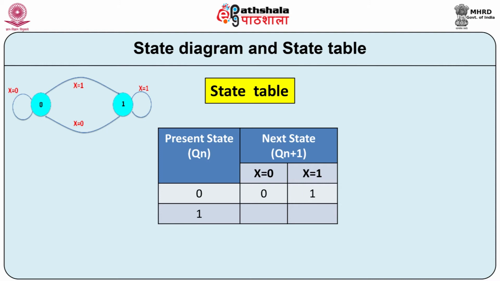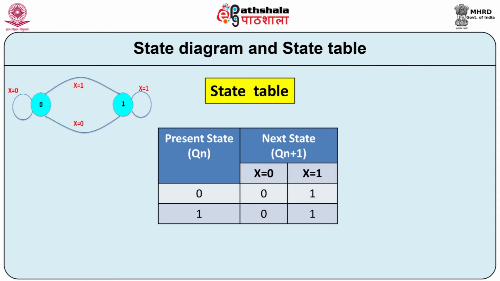But if x is equal to 1, then the next state of the circuit is state 1. Similarly, when present state is 1 and input variable x is also 1, then the next state of the circuit remains in state 1. But if x is equal to 0, then the next state is 0.